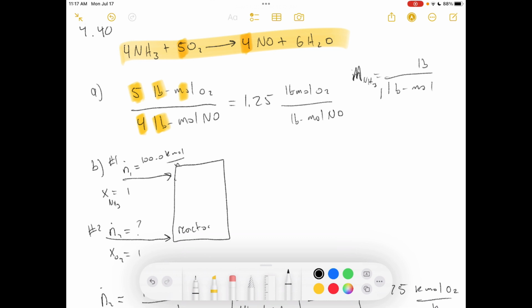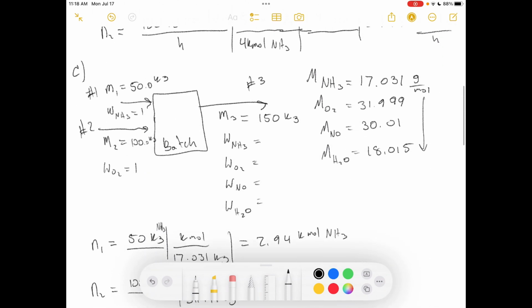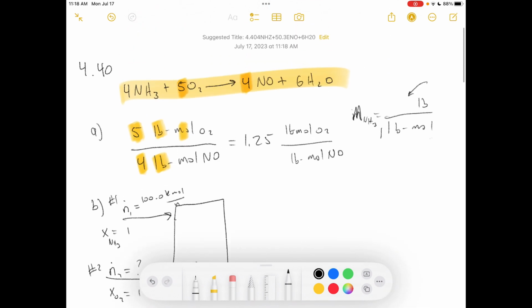So if you have 1 pound mole, then you have a certain number of pounds of whatever the material is.